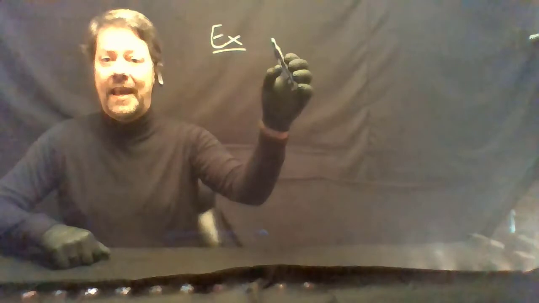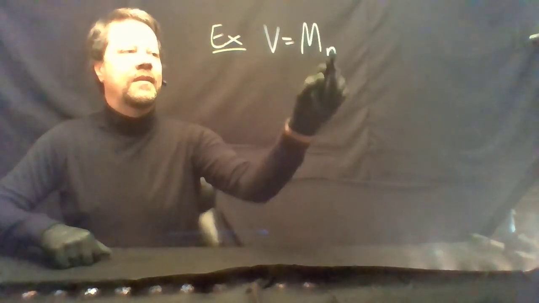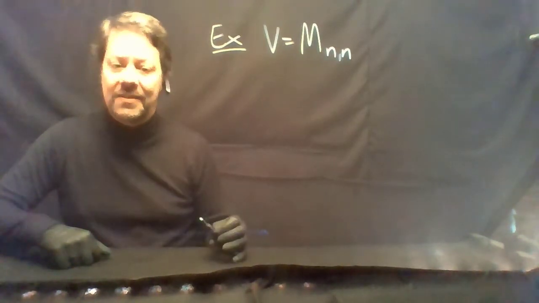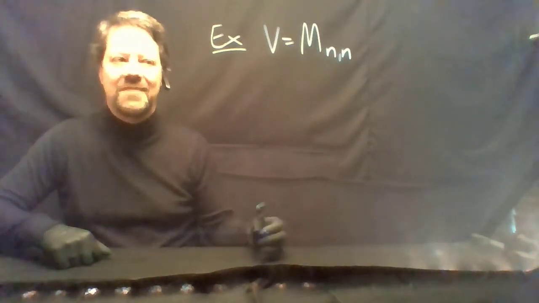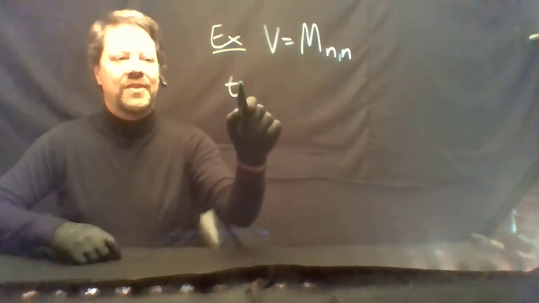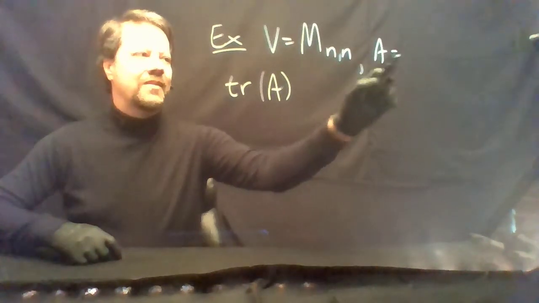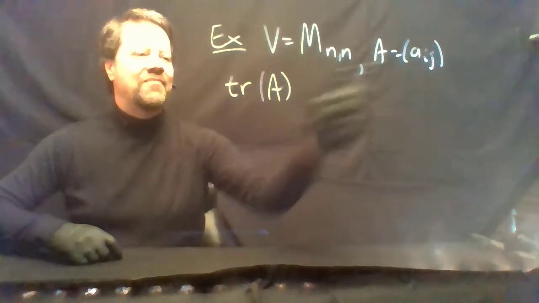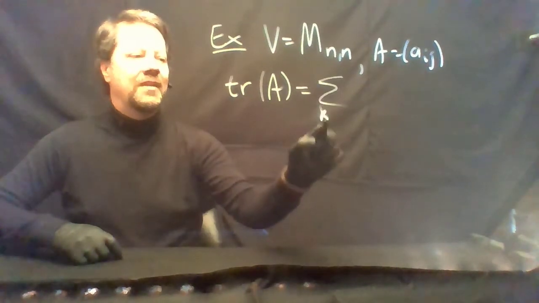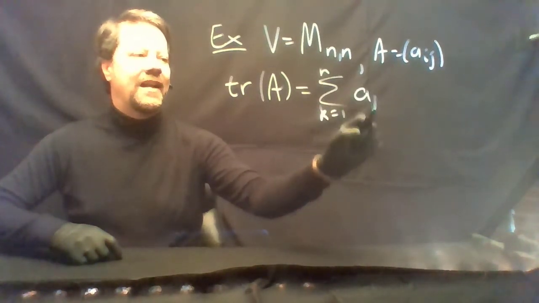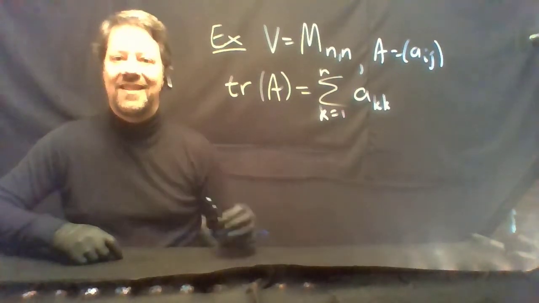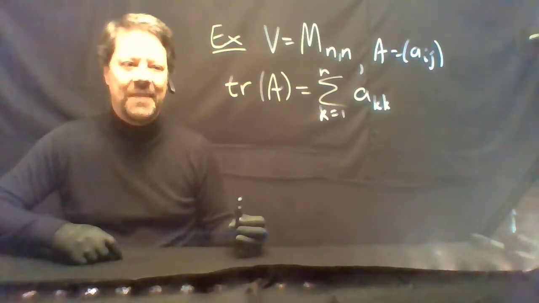As another example, I want you to consider the following subset of the set of n by n matrices. Remember, if we set V equal to M_nn, these are the square n by n matrices. Recall that the trace of a matrix, suppose A is the matrix with coordinates a_ij, is the sum, as k goes from 1 to n, of a_kk, the sum of the diagonal elements of the matrix.